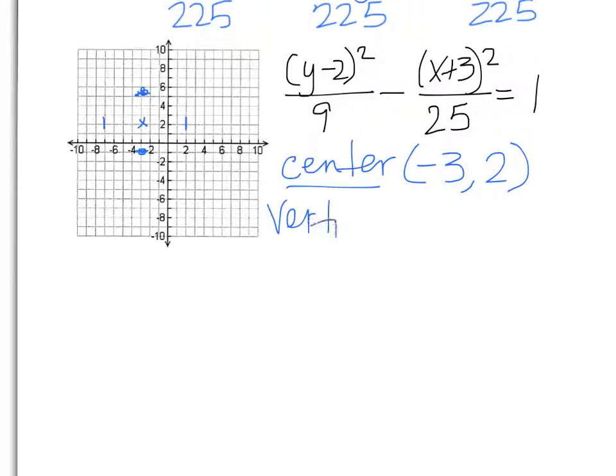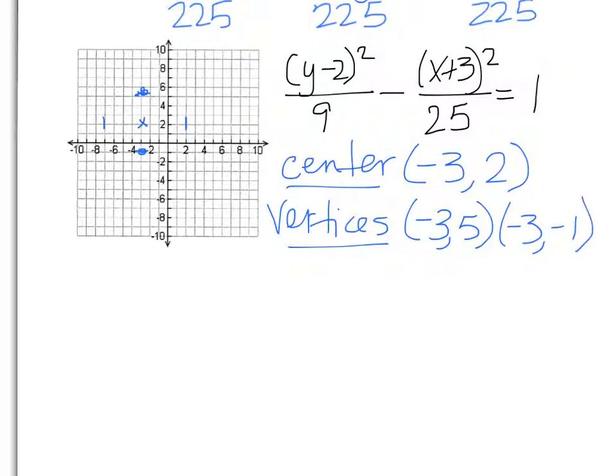Where are they? Well, the vertices we have at -3, 7. No, -3, 5. Sorry, I can't count. And -3, -1. Make your box around those marks, hopefully prettier than mine.